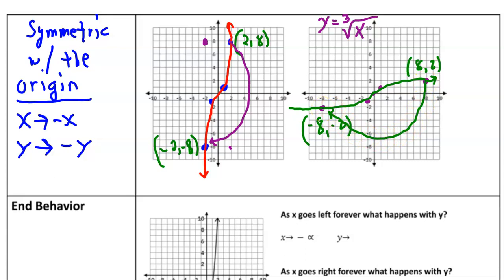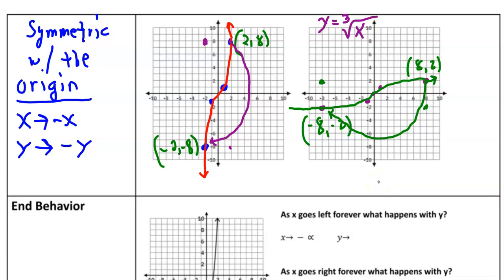Notice if we thought this had y-axis symmetry, then this point would be over here, and of course there's not a point on the graph over there. If we thought it had x-axis symmetry, that point would be right here, and of course it's not on the graph either. Again, think about it. For origin symmetry, you reflect it across the x and then across the y, or you could reflect it across the y and then the x. That ends up being origin symmetry.